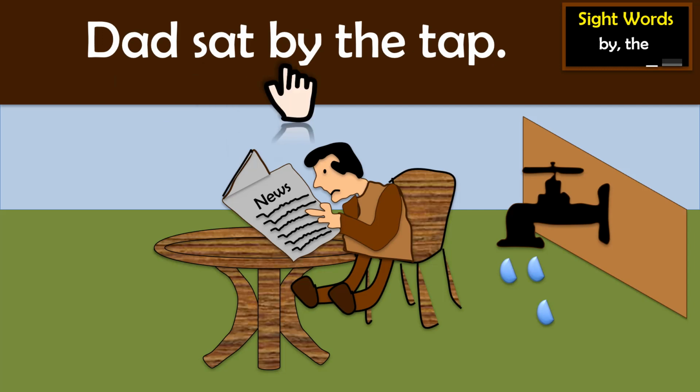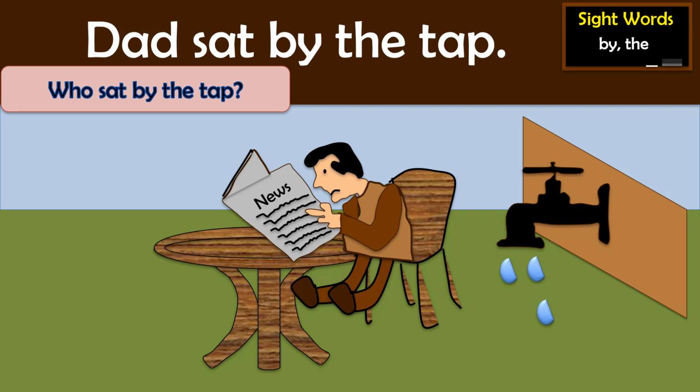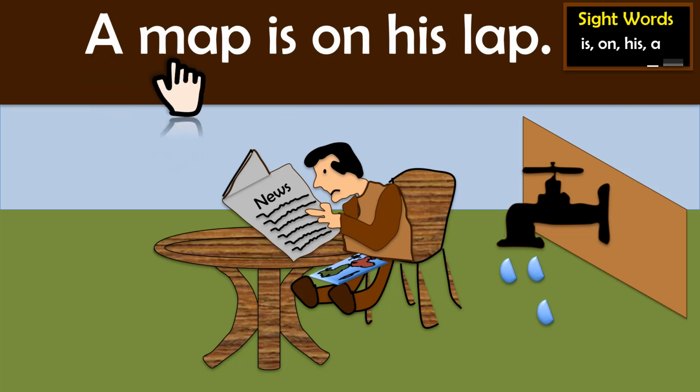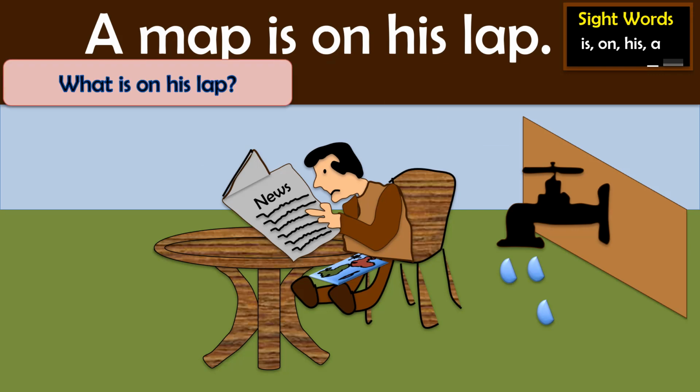Dad sat by the tap. This sentence is a statement. It tells us who sat by the tap. Dad. A map is on his lap. What is on his lap? A map.